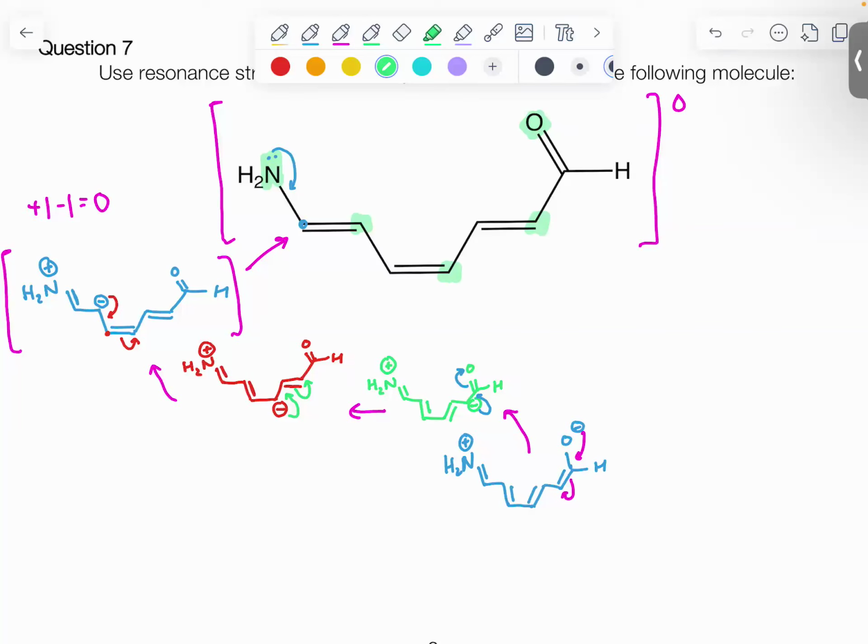You would want to draw out all of the structures. It would really depend on what else is in the molecule.